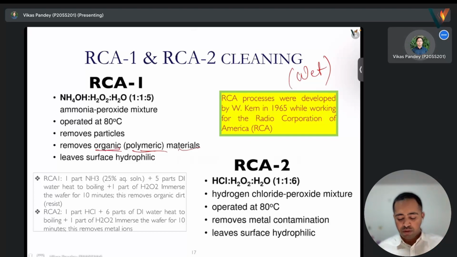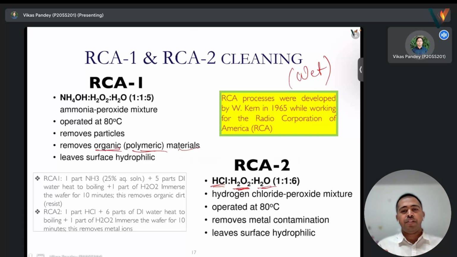Then comes the RCA2, that includes HCl, H2O2, that is hydrogen peroxide, and water in 1:1:6 ratio. The ratio, again, I said, a bit of variation can be there according to the process optimization.